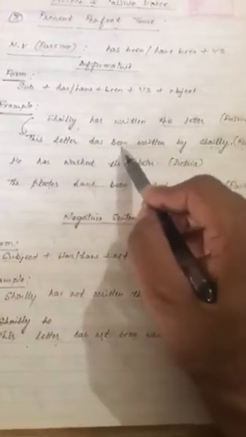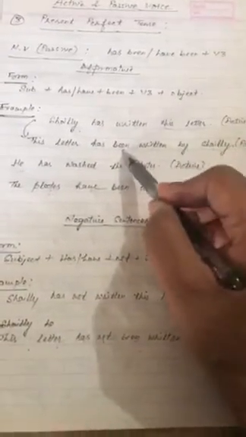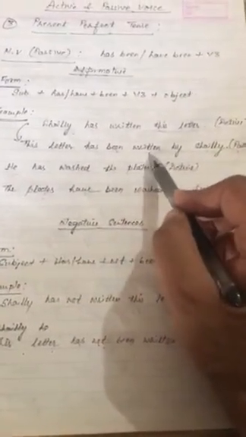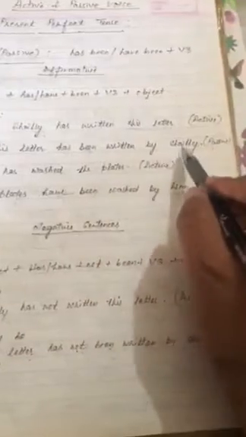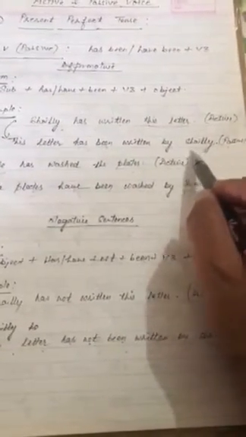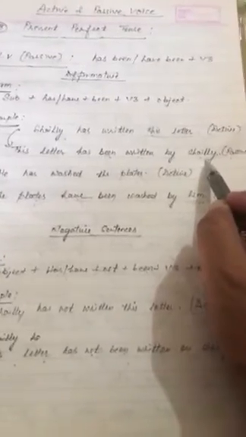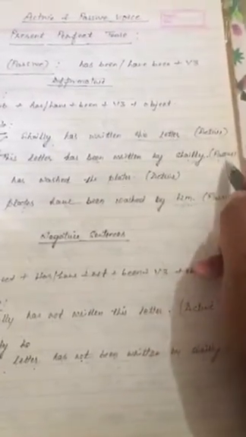So this letter has been, always it should be used, written, third form of the verb, and then by, and then your subject becomes your object, Shelley. Now Shelley is here your object, because it is in the passive voice. Is it clear to you?